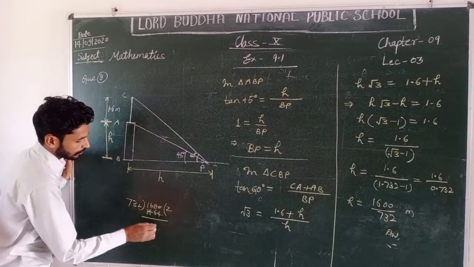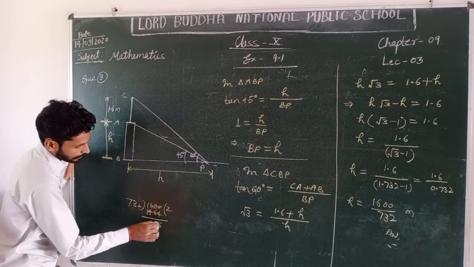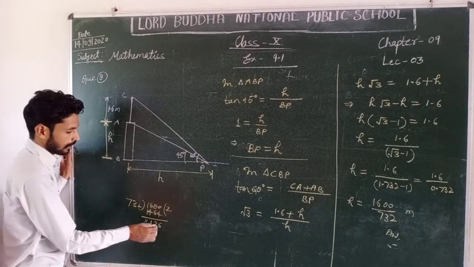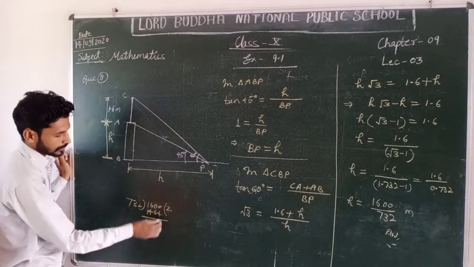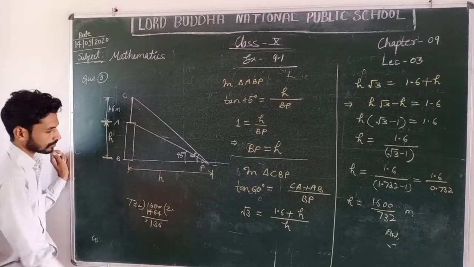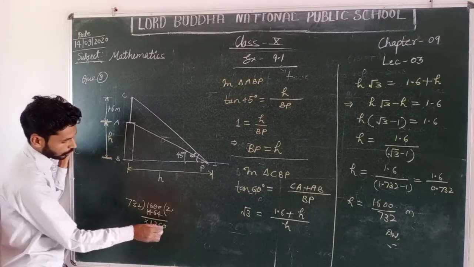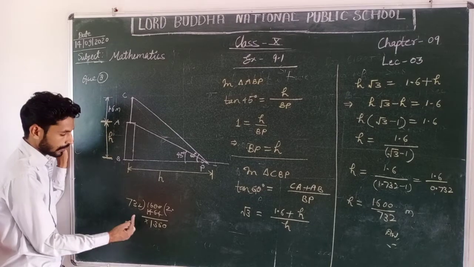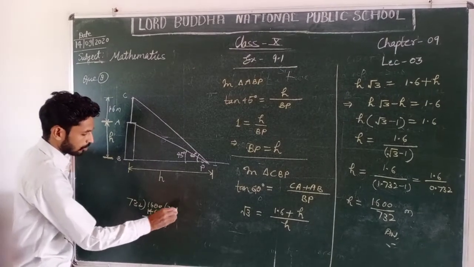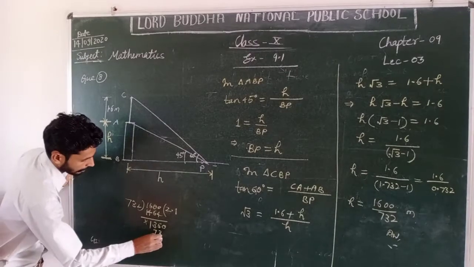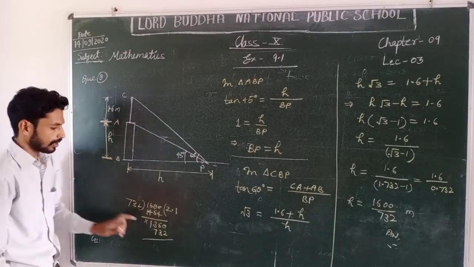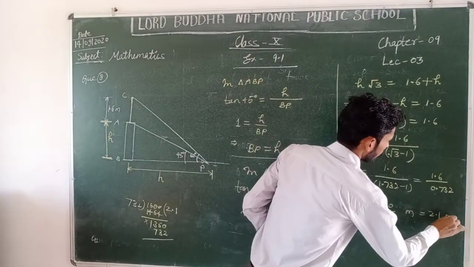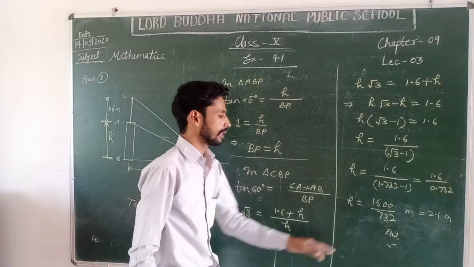So right here there will be 10 and 6, there will be 3 and 1. Okay, and this cancels. Now take a point, you can take a point here and take a 0. Then we can go 1 time 732. Okay, then we can write here the approximate value 2.1 meter. Okay, that is the answer.